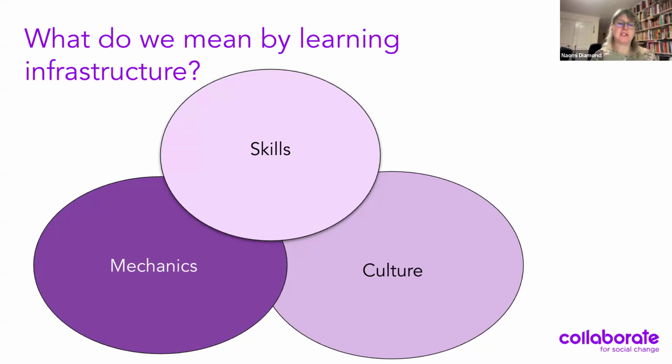Then there are skills. There's a whole bunch of skills that are important for engaging in a test and learn process that can be nurtured, can be brought through a learning partner, can be developed.